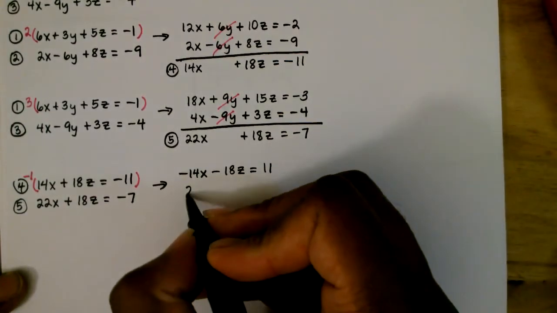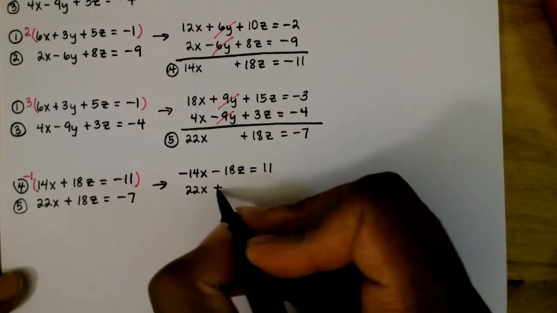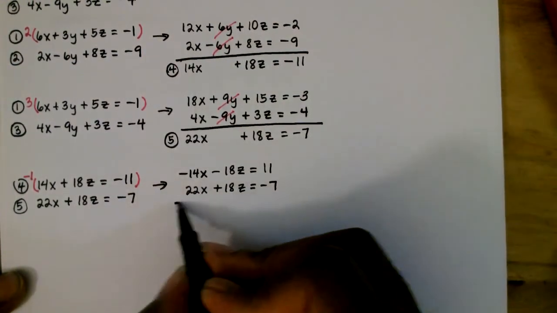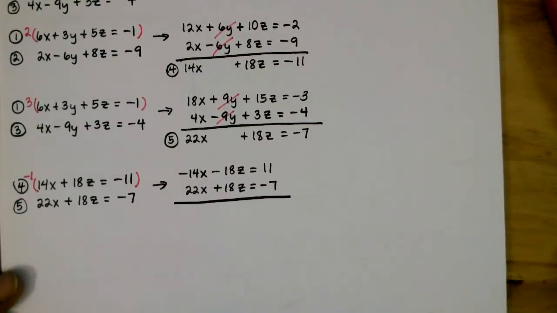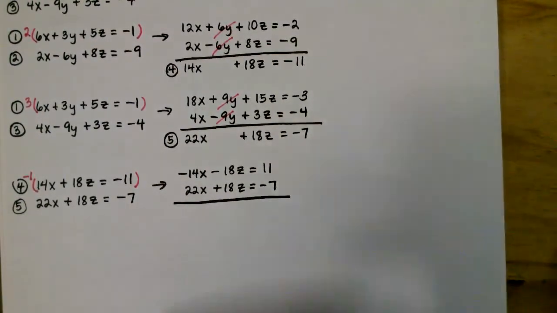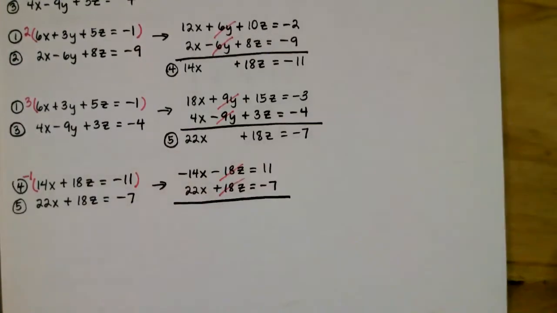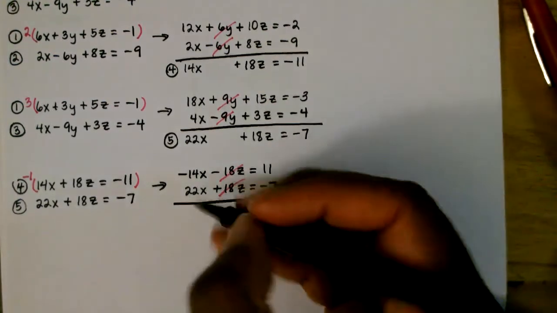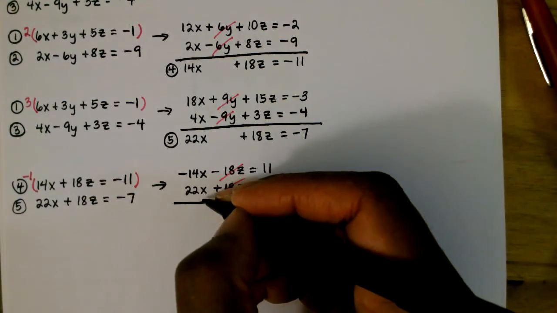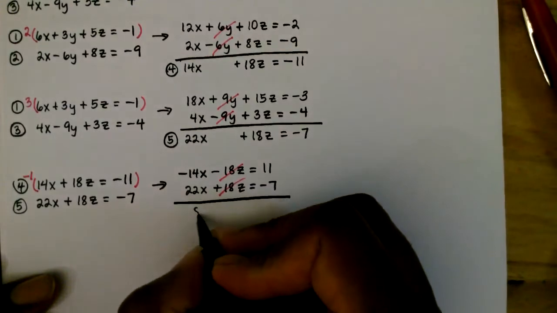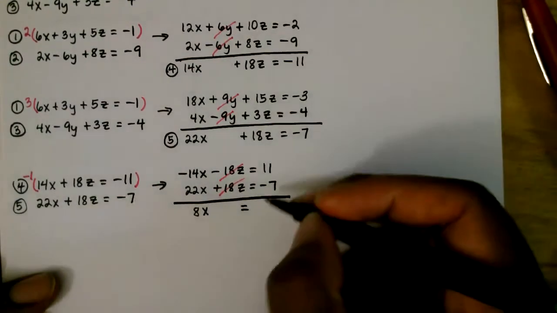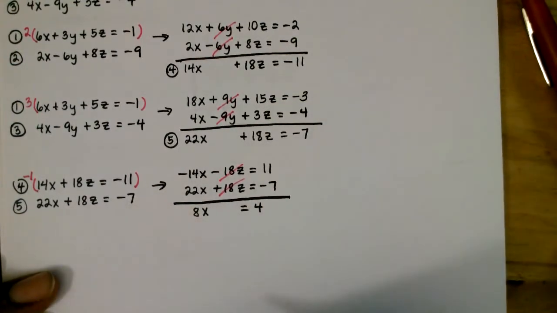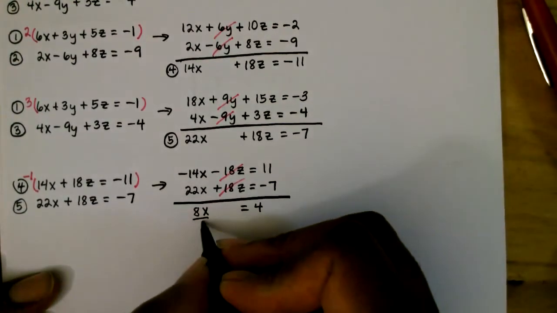And then I'm going to write equation 5 over, because as you will see, when I add -18z and a plus 18z, that gives me a sum of 0, and I'll have an equation in a single variable. Add -14x and 22x, you're going to get 8x, equaling 11 plus -7, which would be 4. So 8x will be equal to 4.